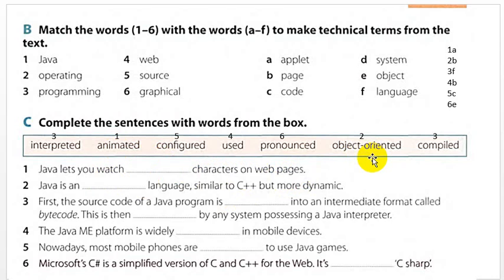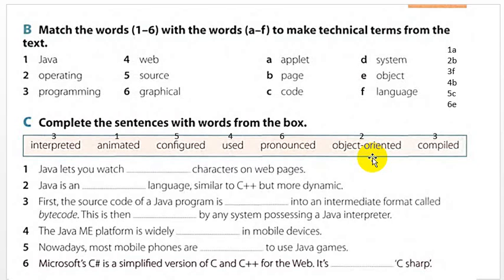First, the source code of a Java program is compiled into an intermediate format called bytecode. This is then interpreted by any system possessing a Java interpreter.